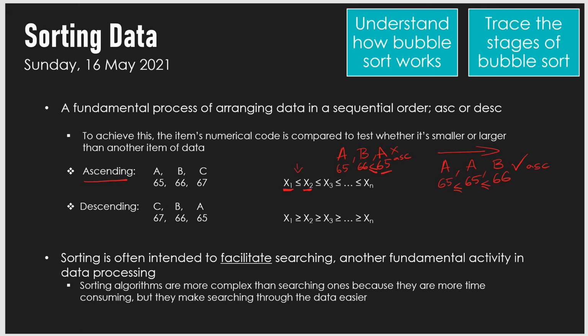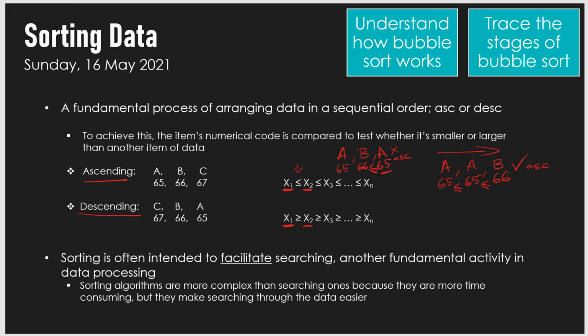Okay, now looking at descending, you just flip it around. You have a numerical value for your item 1, which is greater than or equal to the next value in the list.